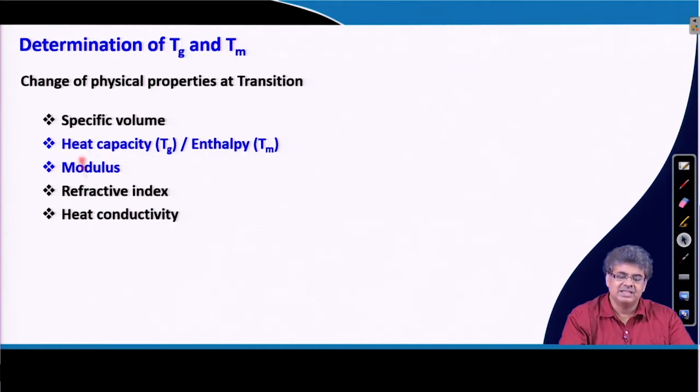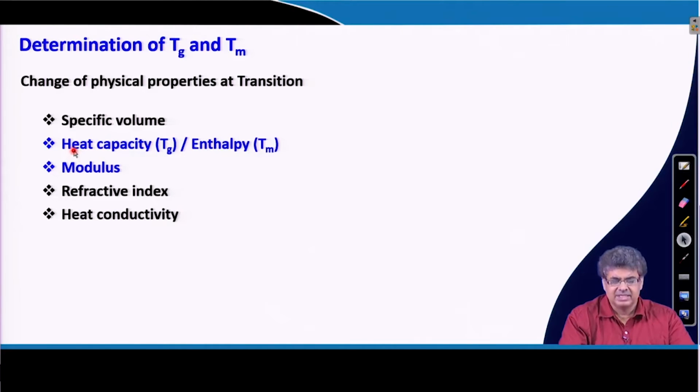But generally two common methods are used to determine Tg and Tm. One is differential scanning calorimetry, which utilizes the discontinuous changes in either heat capacity or enthalpy with respect to temperature. The other is temperature-dependent mechanical property measurement, where modulus is monitored as a function of temperature to find Tg and Tm.